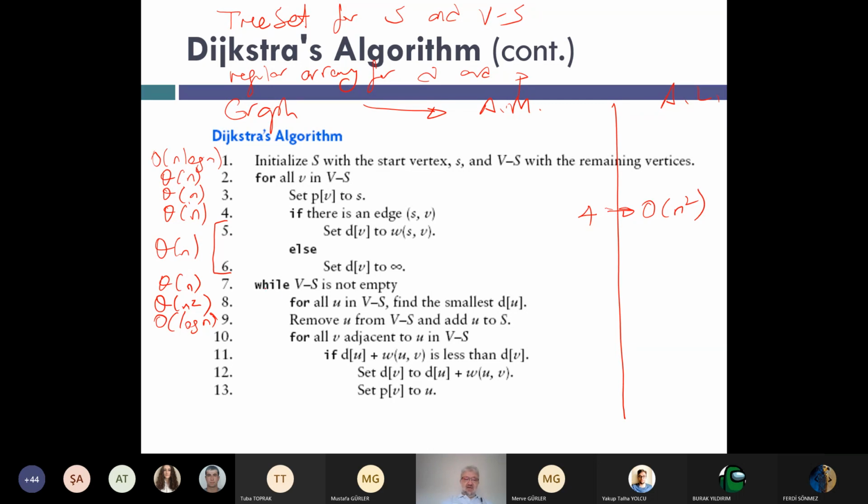Remember, this is like for each vertex u, and this is like for all v's adjacent to u, right? And remember, this operation takes quadratic time in adjacency matrix representation.